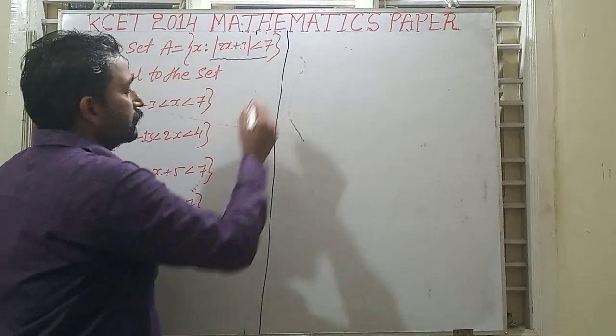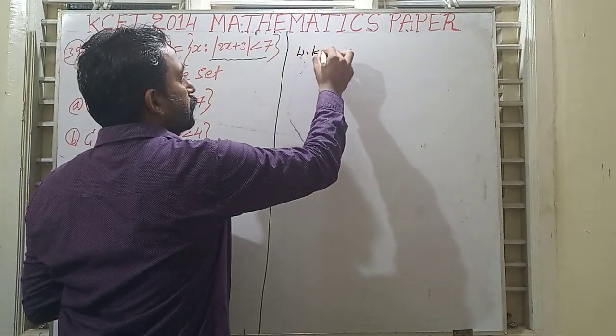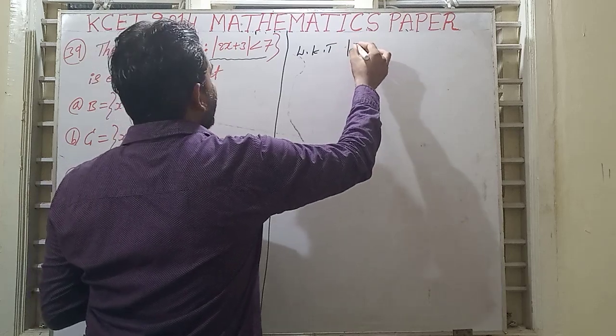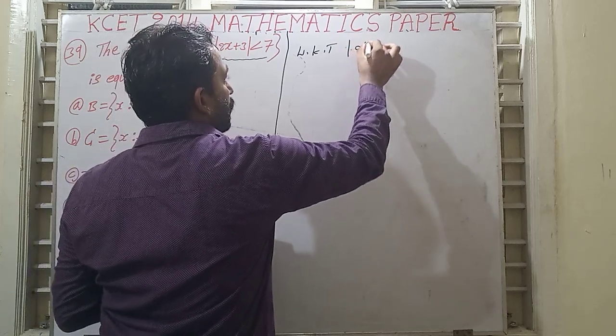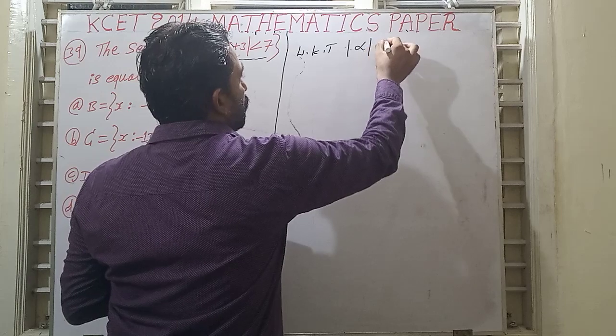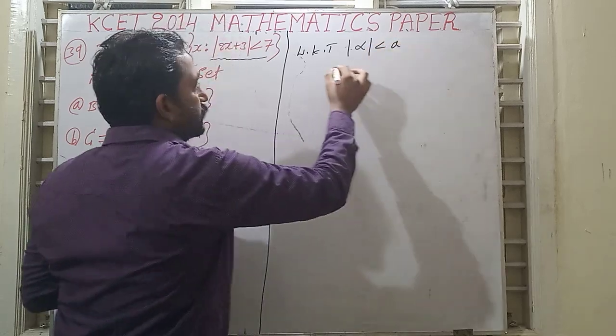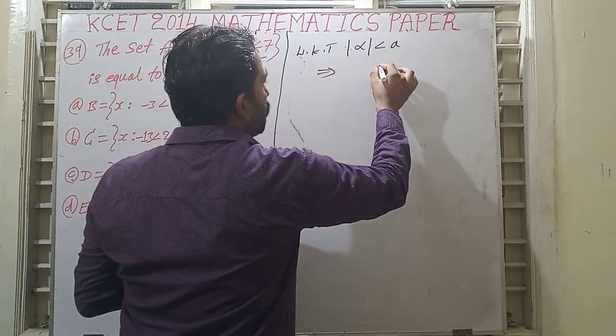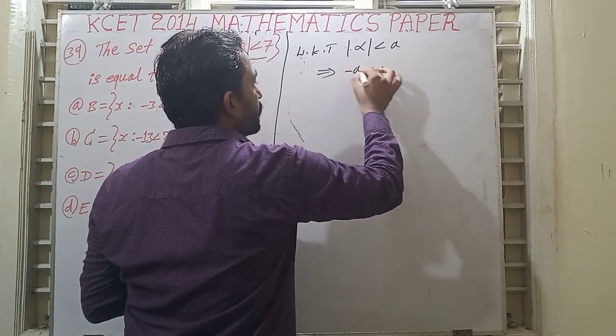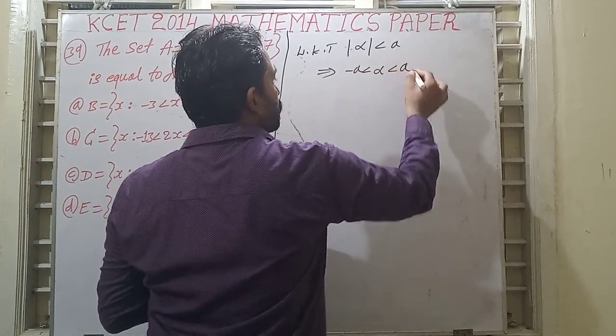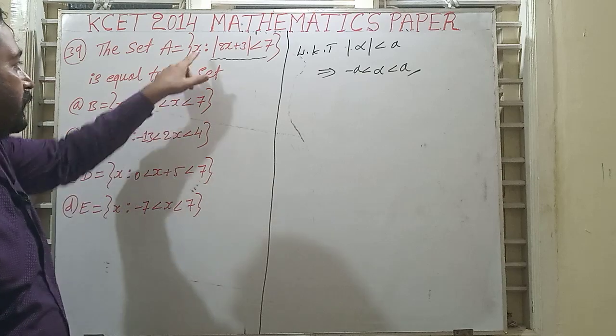So we know one formula: modulus of alpha less than A is equal to alpha greater than minus A and less than plus A. So using this formula we have to find out the x values.